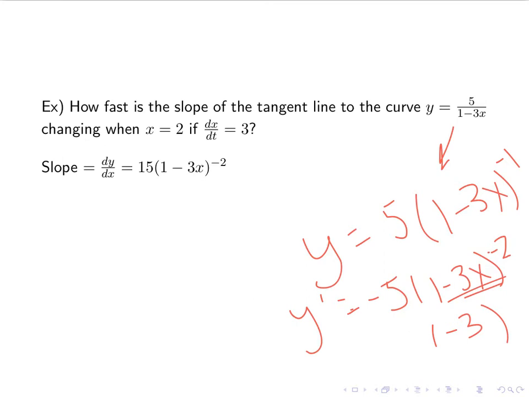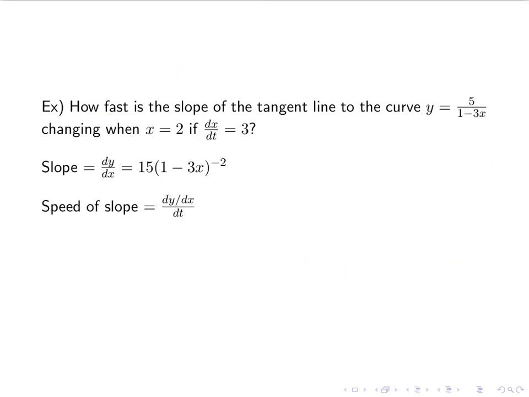So I need to differentiate the slope with respect to time. Because again, fast means time. So I'm going to take my dy/dx, differentiate that with respect to t. So I'm looking at d(dy/dx)/dt. So again, I differentiate the slope as if x were my variable.